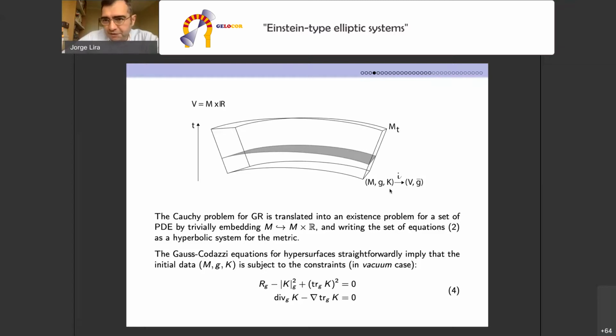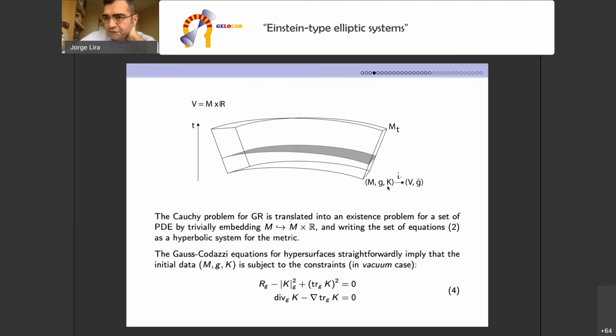And these compatibility equations are obtained by the classical Gauss-Codazzi equations in the hypersurface theory in Riemannian geometry. So G and K satisfy these compatibility Gauss-Codazzi equations, and you have to combine those equations, which are classical in geometry, with the Einstein field equations.